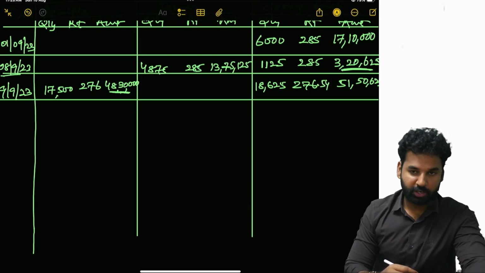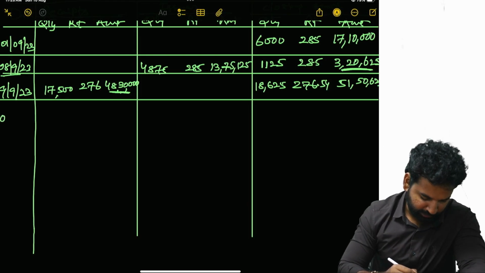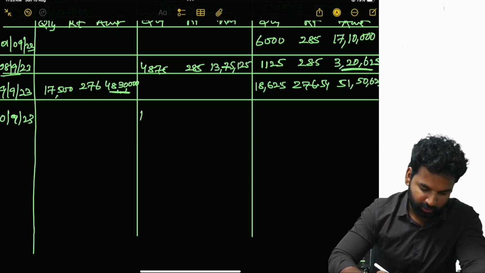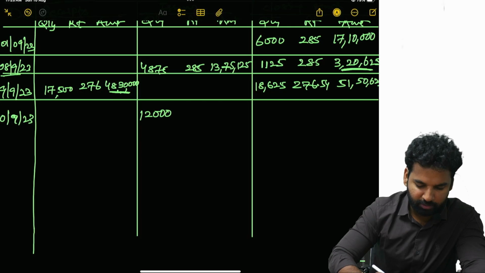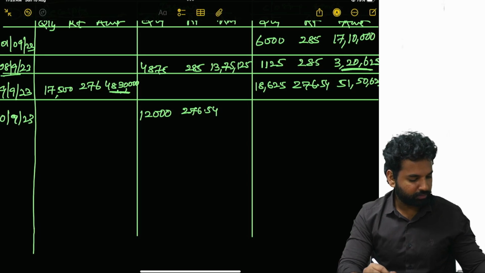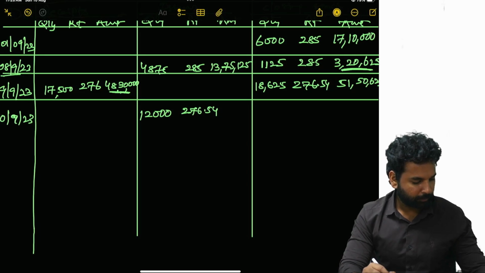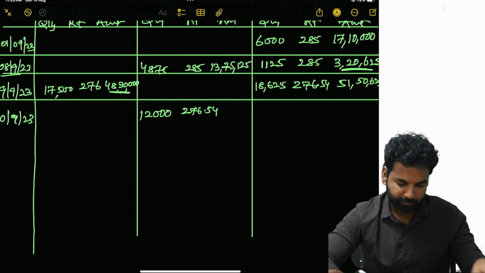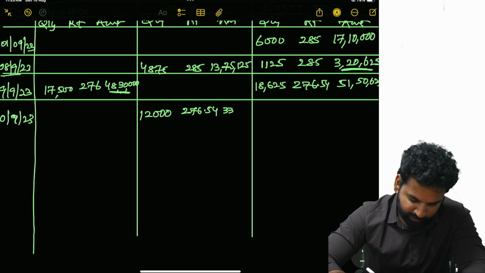Next date, September 10th. What is the transaction? Issue of 12,000 units, sir. Okay, 12,000 units. Obviously, price will be 276.54. That is 33 lakhs 18,480.